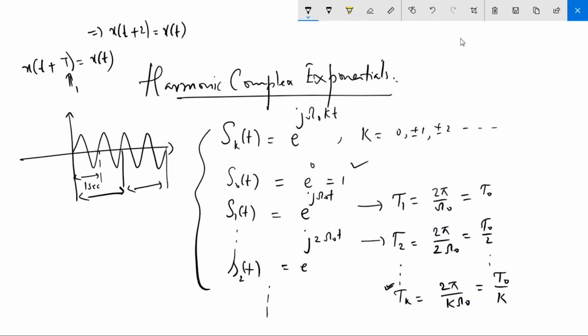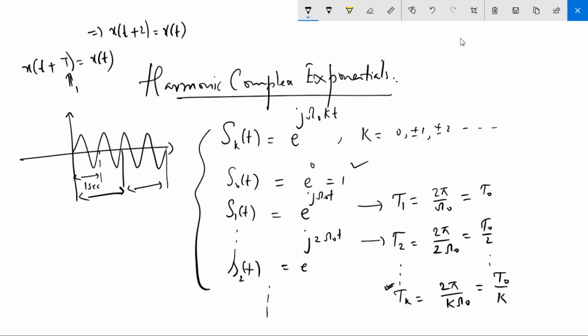Suppose this repeats after 1 second. If you multiply this by 2, you will get T naught, which means it will repeat after 2 seconds. But if it repeats after 1 second, it also repeats after 2 seconds. So 2 seconds is the common time period.